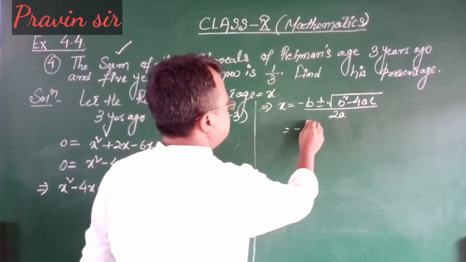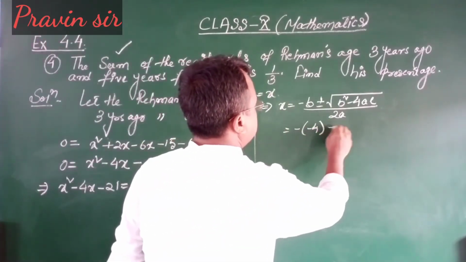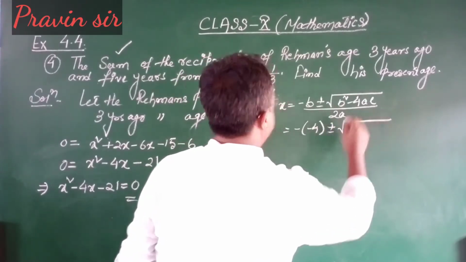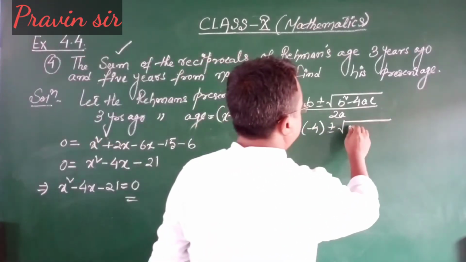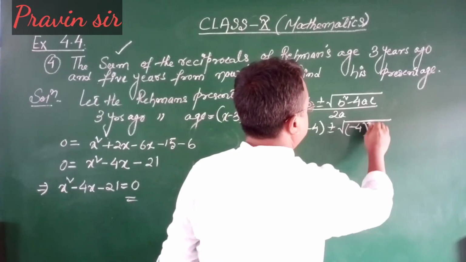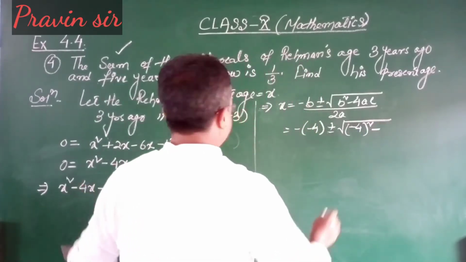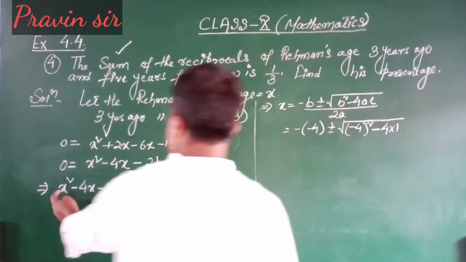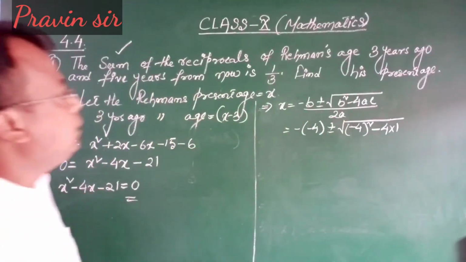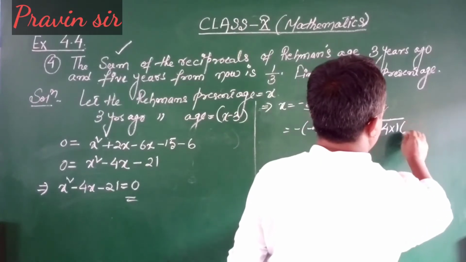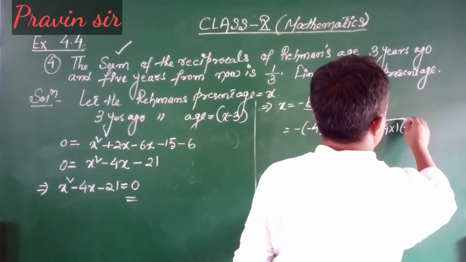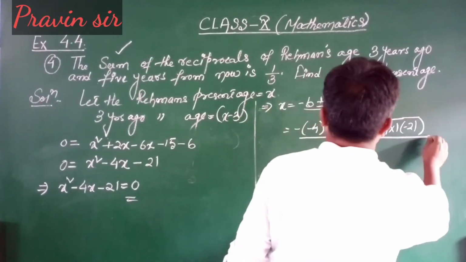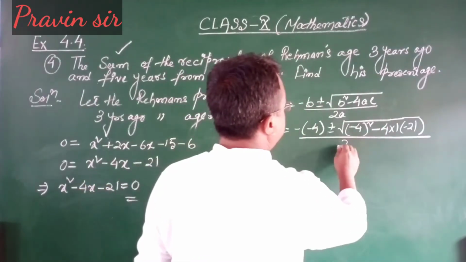So minus 4, plus minus root over b square, which means minus 4 square, minus 4 into a. A means 1, and c is minus 21, divided by 2a. A means 1, so 2 into 1.